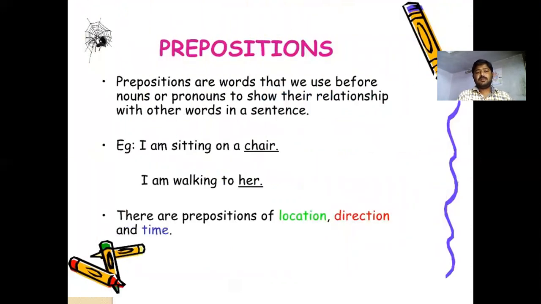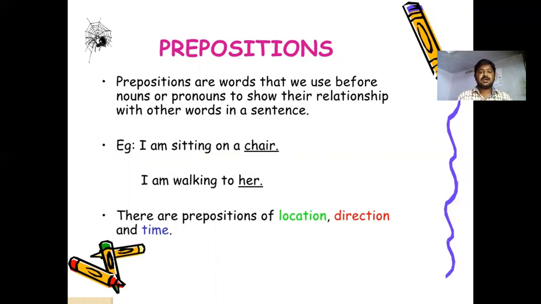A preposition is a word used before nouns or pronouns to show the relation with other words in a sentence. It shows the relation between a noun or pronoun and other words in a sentence. I am sitting on a chair.